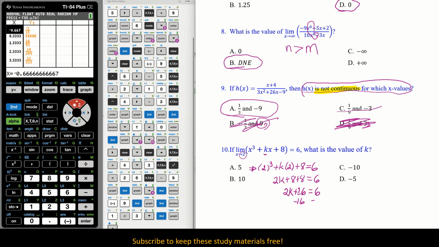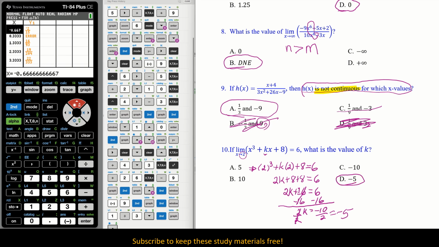Subtract 16 from both sides. Okay? Cancels out. 2k equals minus 10. Divide by 2 on both sides. And what do we have? -5. k equals -5.